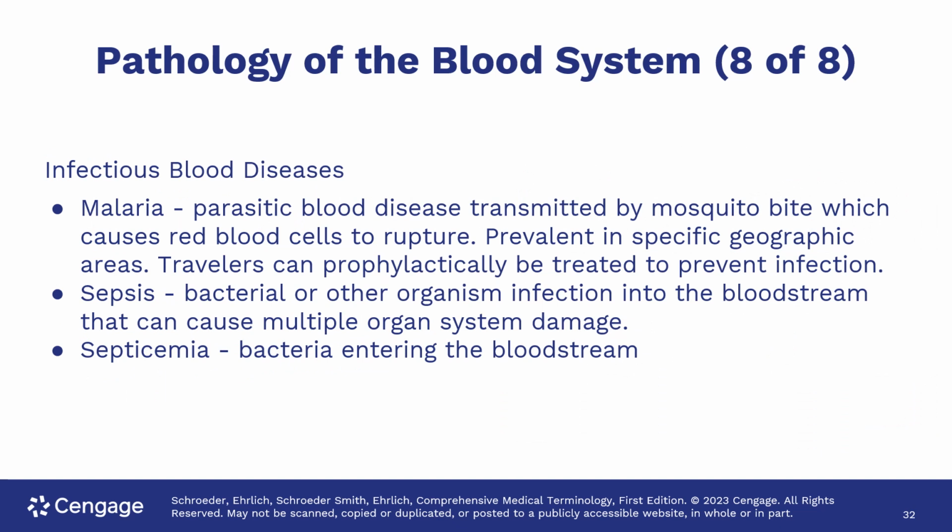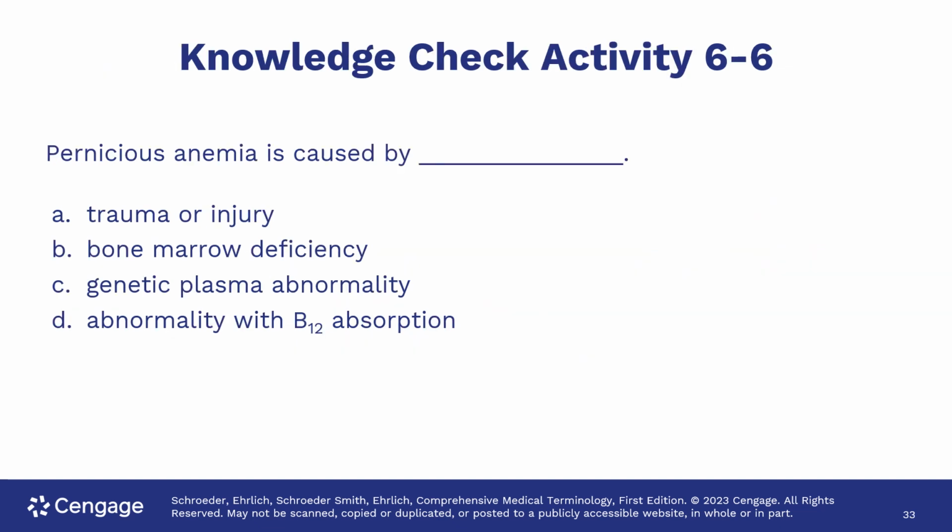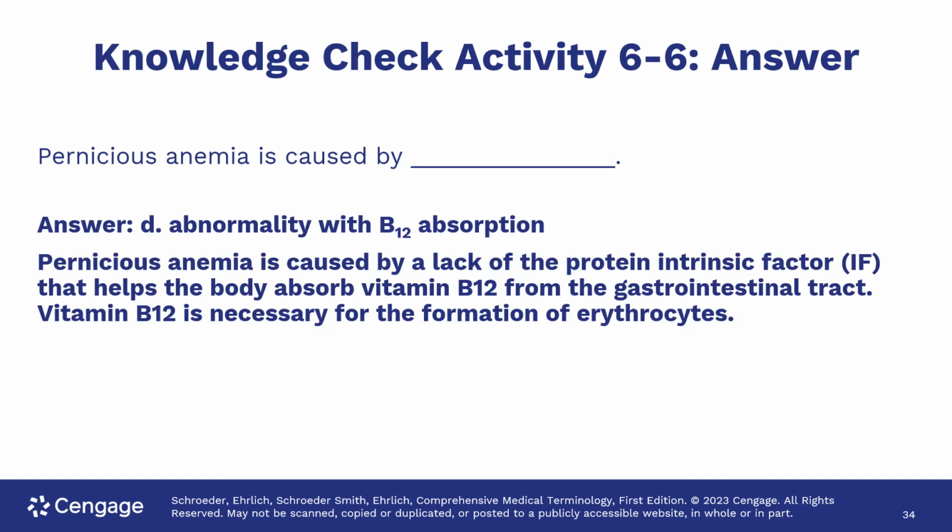Diseases of the blood can also be infectious, like with a parasite, like malaria or a bacteria, as in sepsis. Pernicious anemia is caused by an abnormality in the B12 absorption.